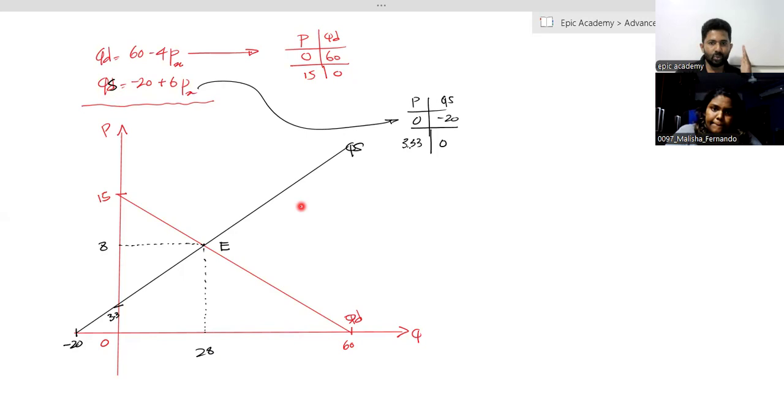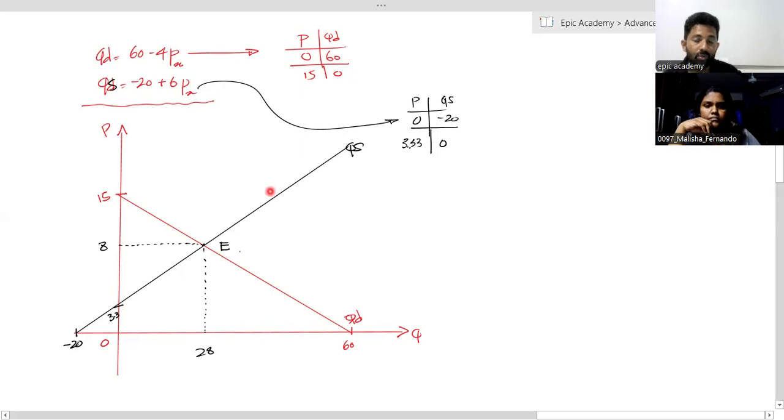So do this in your question paper also as a practice. Then it is very easy to identify. If you do something wrong in the first calculation, the other things will also be errors. That is why it is very important. Right, now we can move to the next question.